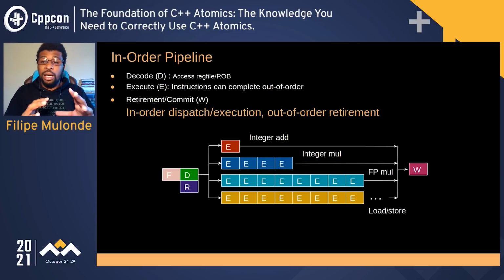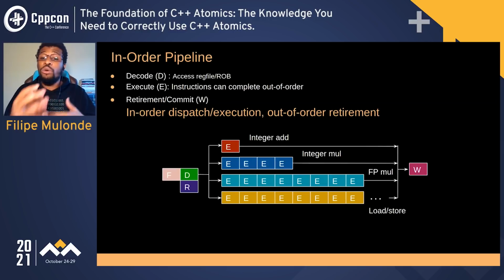You just need to believe me that by performing register renaming using that buffer, we can eliminate anti and output dependencies. Also, at decode stage, the operand of an instruction can come from the register file or from the reorder buffer. Now, in the execute stage, instructions can complete out of order.